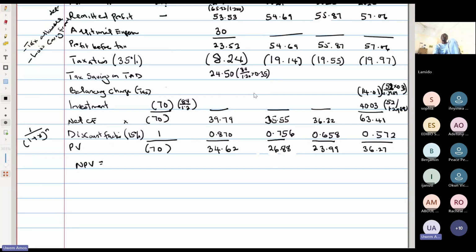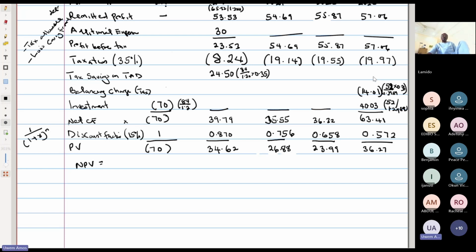Minus 70, which is a negative value, plus 34.62 plus 26.88 plus 23.99 plus 36.27.